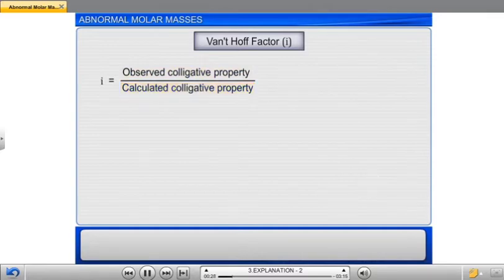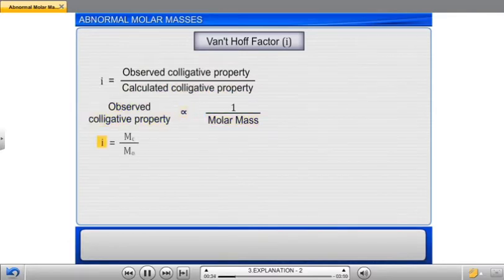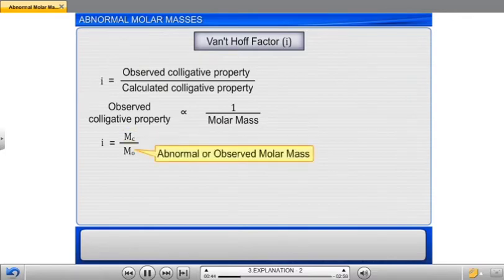Now, since colligative property is inversely proportional to molar mass, i, in terms of molar mass, becomes i is equal to normal or calculated molar mass Mc divided by abnormal or observed molar mass Mo.